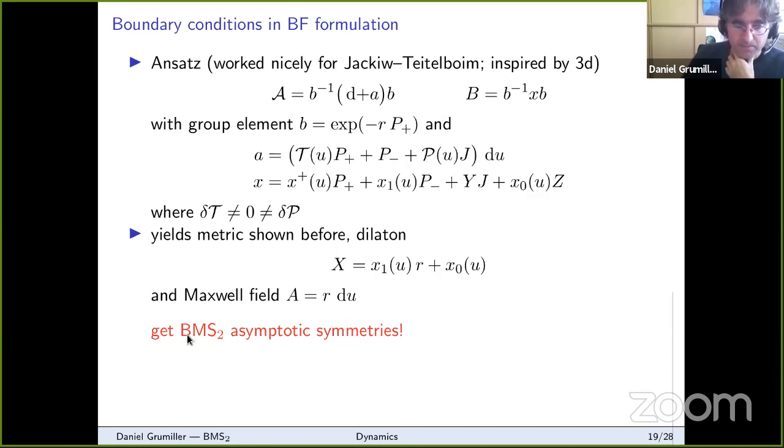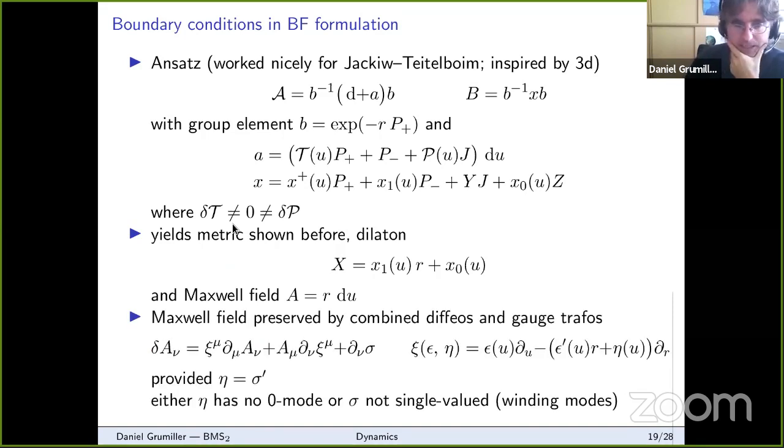Okay, so we indeed get the BMS2 asymptotic symmetries just because we have the same metric as before. The dilaton field is preserved by these BMS2 symmetries because these functions are allowed to vary. So all these BMS2 generators preserve this asymptotic form of the dilaton. But it's non-trivial, or non-obvious, that the Maxwell field is preserved by these BMS2 transformations. And in general, it isn't. But you can compensate the violation of this by a U1 gauge transformation.